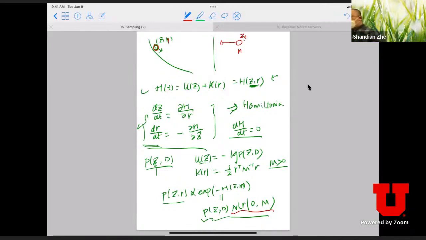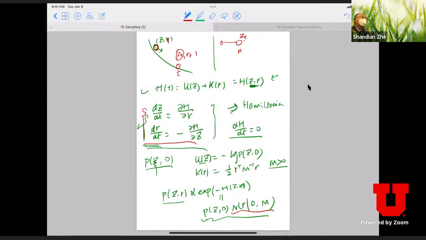I give this initialization to my Hamiltonian system, and then I evolve my system following these rules. Then I pick a particular time t and read out the state, ZT and RT, and use ZT as my sample candidate or proposal. And of course, then we need to do some acceptance test.